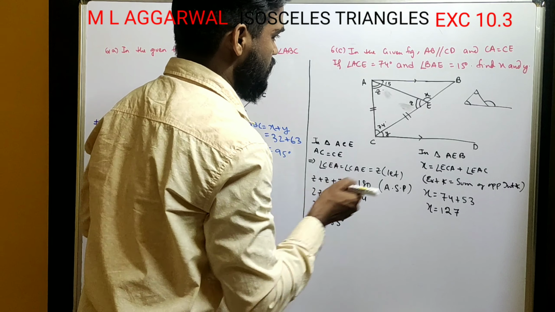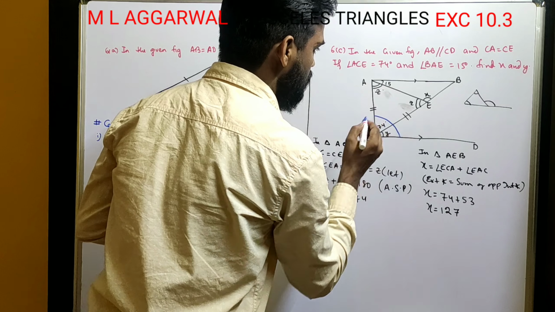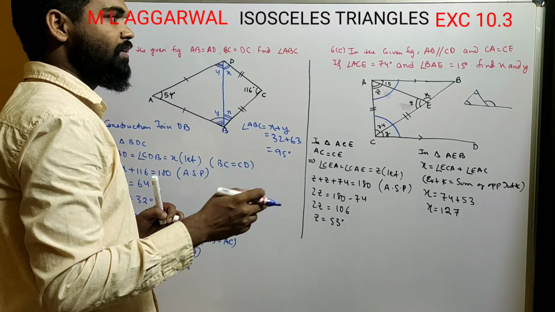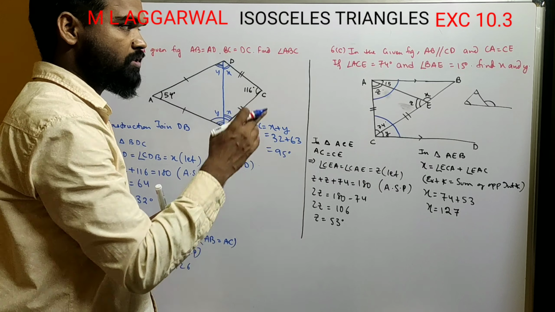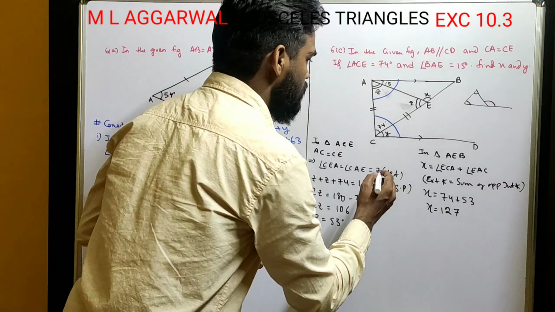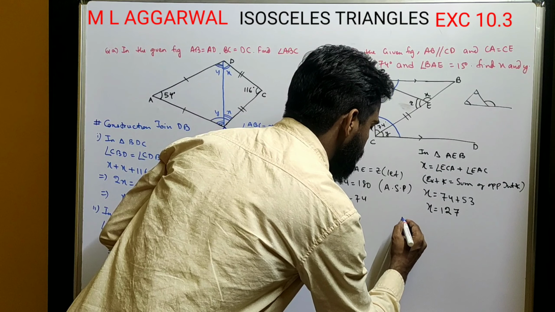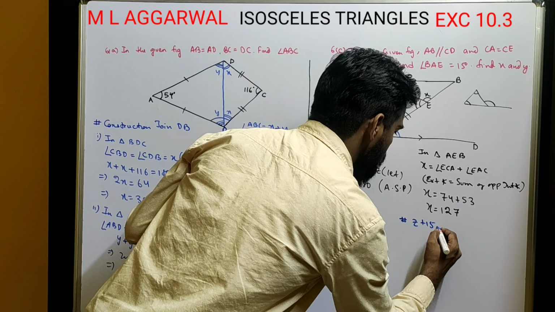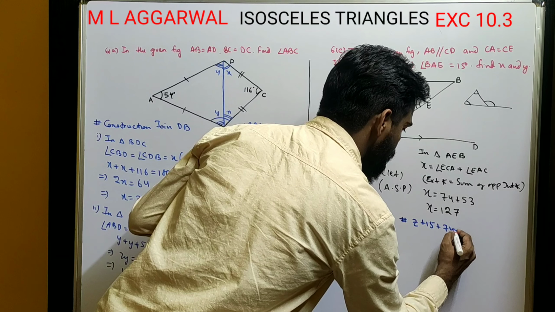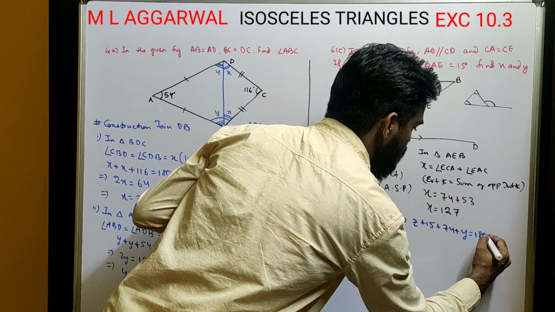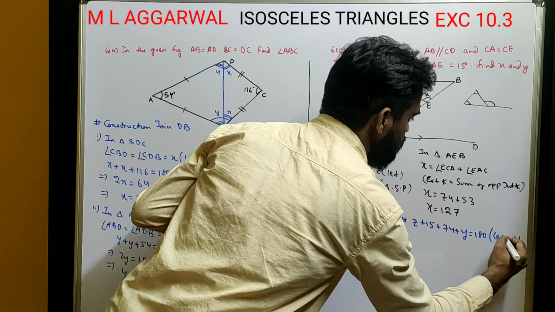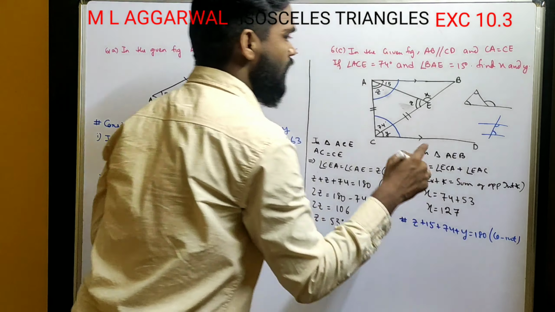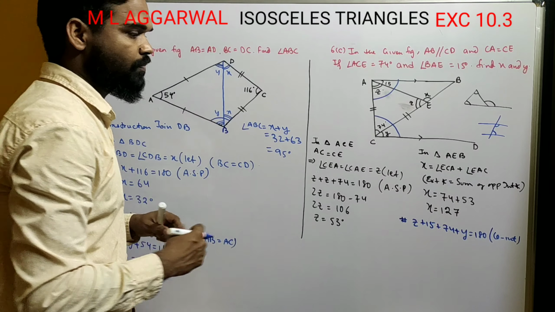This entire angle and this entire angle, they will add to give 180, isn't it? Because they are co-interior. Okay, so I can say, look carefully, the last portion, Z plus 15 plus 74 plus Y equals 180. That's co-interior. We know if these two are parallel lines, then this angle and this angle add to give 180. They are co-interior angles. Now we put the value.